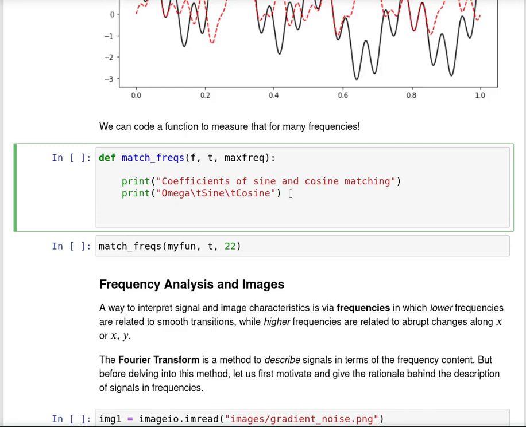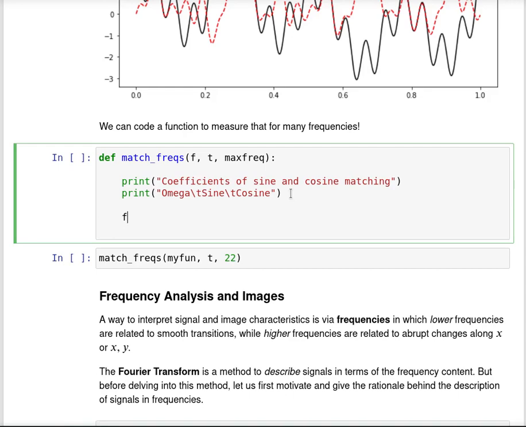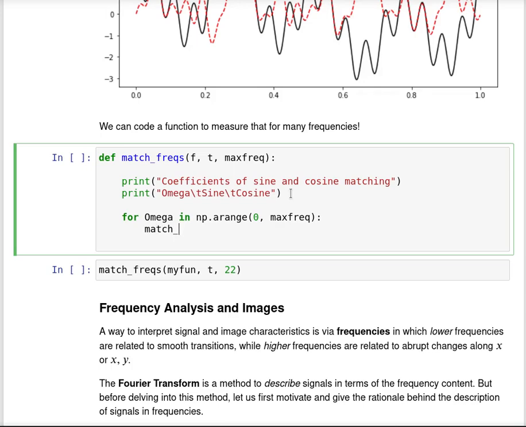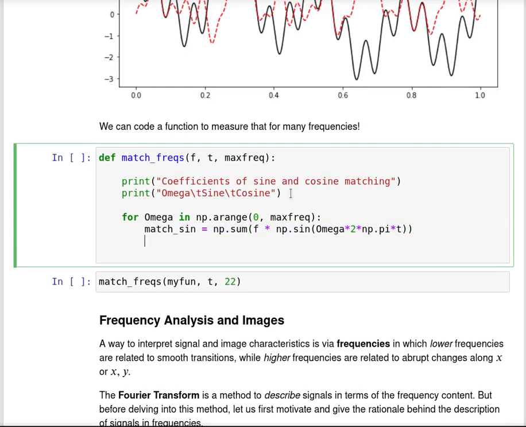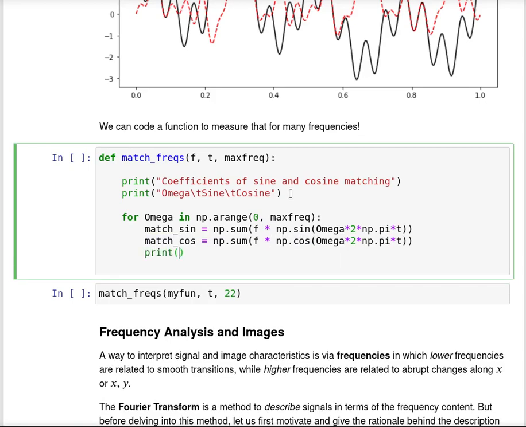So I'm going to name it match freqs, and then for each frequency omega in a range of values between 0 and some maximum frequency, I'm going to compute the sum of f times the sine of omega times 2 pi t, and I'm going to do the same with the cosine. I'm going to print everything.